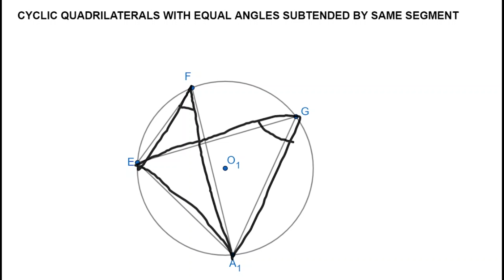Now, let us investigate that really these two angles are equal. Let us measure these two angles. Angle F is 49 degrees and angle G is also 49 degrees.